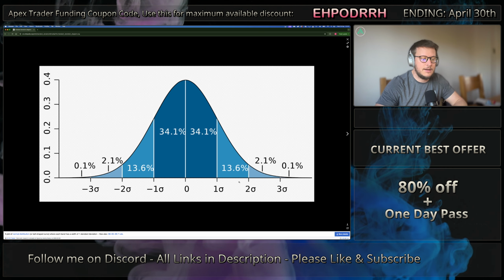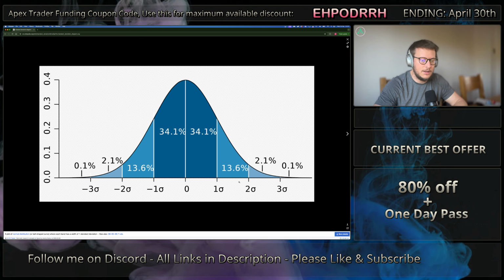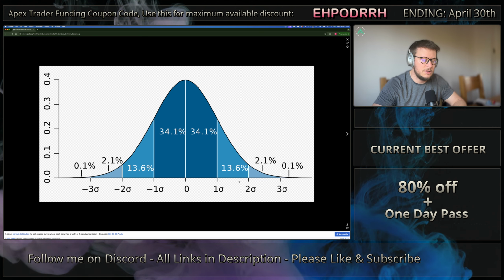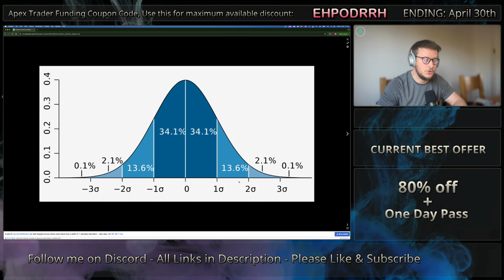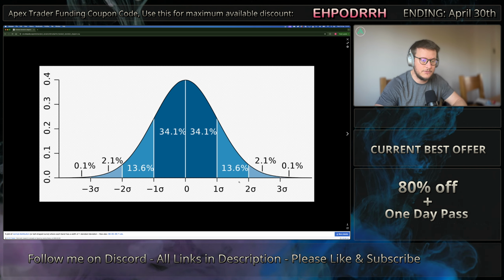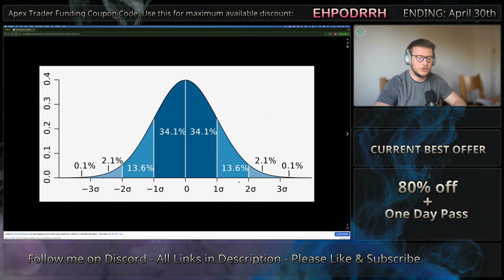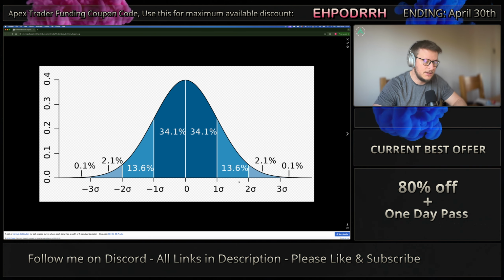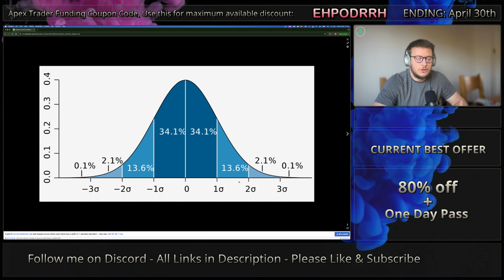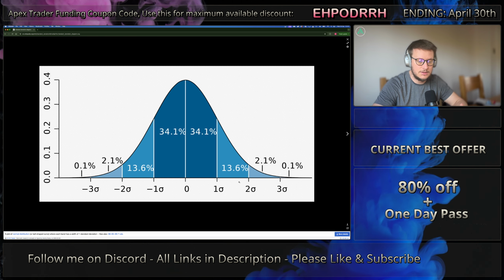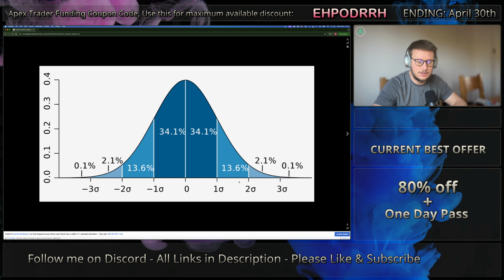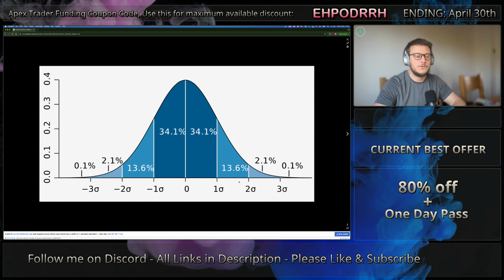What you then start to see is the outliers, right? So what falls between 2 and 3 standard deviations is only 2.1% either side, which is just 4.2%, right? So 4.2% of the data falls between 2 and 3 standard deviations, and then 0.1% either side, which is 0.2%, goes above and beyond 3 standard deviations. So just keep that in mind.